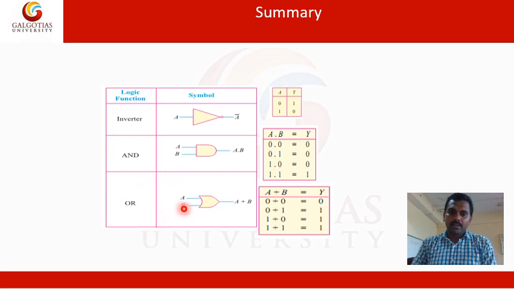And in OR gate the inputs are summed, that is A plus B, and the output will be 1 if any or both of the inputs are 1, and if both the inputs are 0, output will be 0. So these three logic functions correspond to the fundamental logic gates we have discussed here.